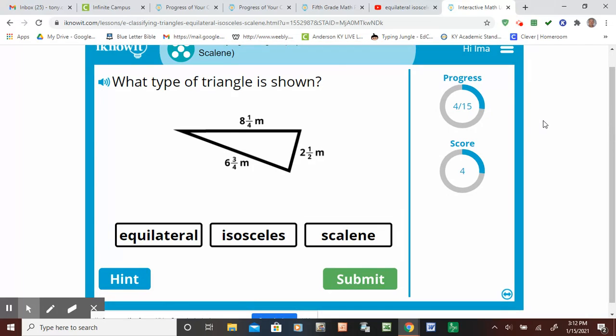Now, I think this is hopefully going to be one of the easier lessons of the year, but it may seem super simple, but you have to make sure you can differentiate and describe why each one of these, equilateral and isosceles and scalene, are what they are. What attribute makes them what they are. Because we're going to combine them tomorrow with a way of classifying according to angles.